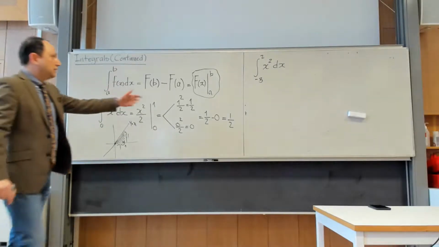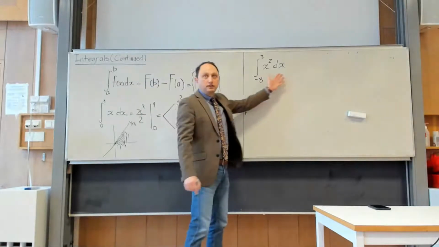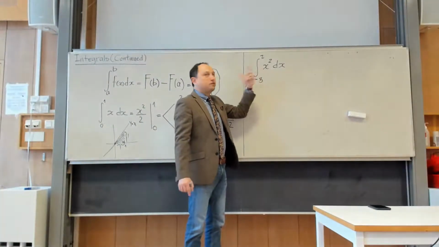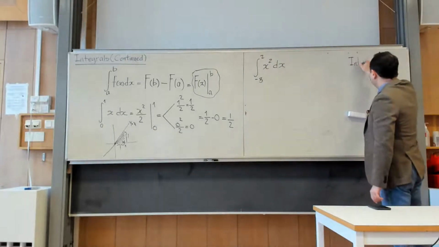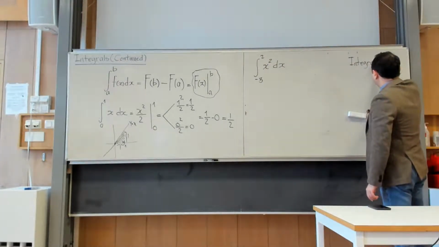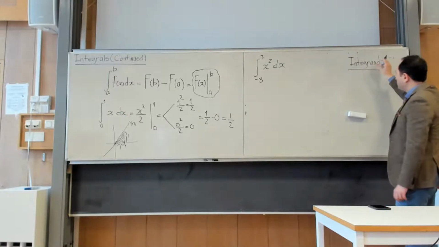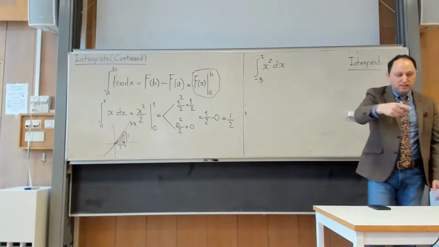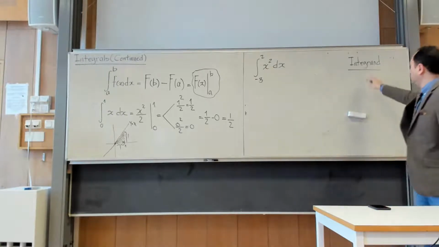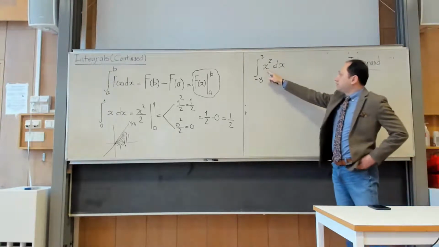You see, first of all, this is an integral. Everything is clear. Let me name some things. What is your function? By the way, this is a word in English books. This is called the integrand. Integrand means the function under the integral sign. I think it's also called that in Swedish. So the integrand is actually this function.